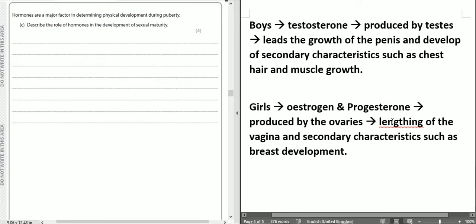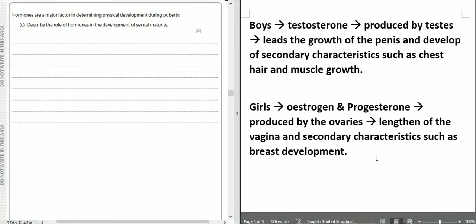So my initial thought was to talk about the menstruation cycle beginning and how these hormones regulate menstruation, but because we're focusing on the physical, I'm just going to talk about the physical changes just to be safe.